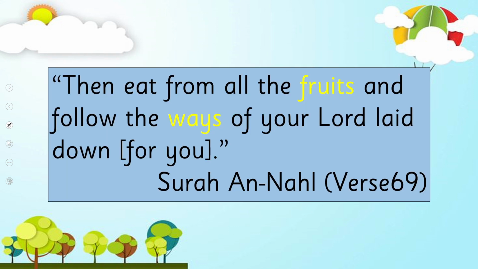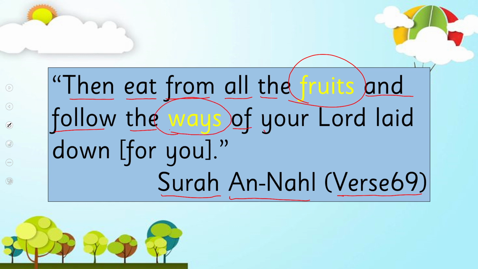Let's start with the name of Allah subhanahu wa ta'ala. Allah mentions in Quran, Surah Al-Nahl, verse 69. Then eat from all the fruits and follow the ways of your Lord laid down for you.